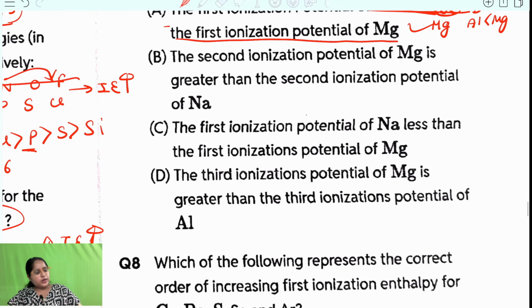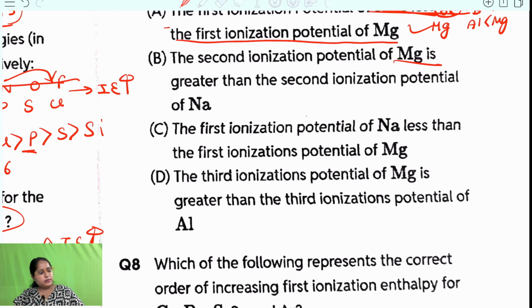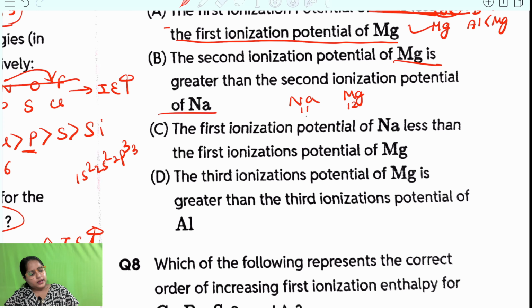The second ionization potential of magnesium is greater than the second ionization potential of sodium. So sodium and magnesium, they are asking the second ionization potential energy. So we need to remove one electron. Sodium is 11 and magnesium is 12. So the sodium electronic configuration will be 1s2, 2s2, 2p6, 3s1, and magnesium will be 3s2.